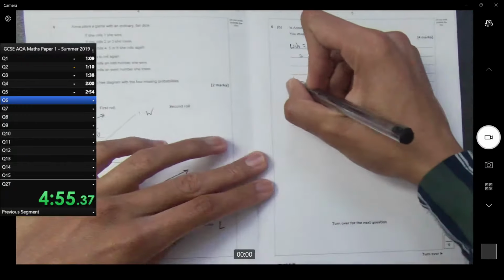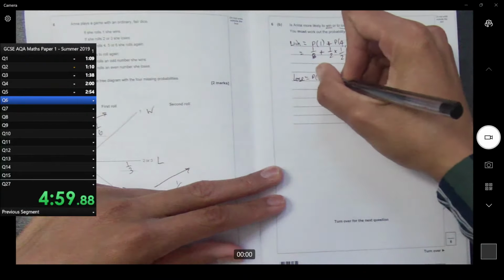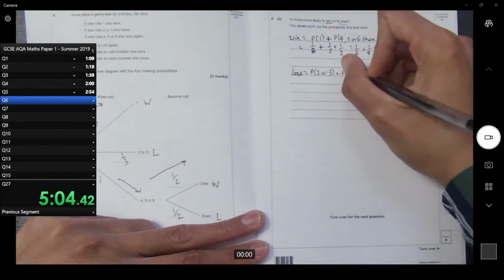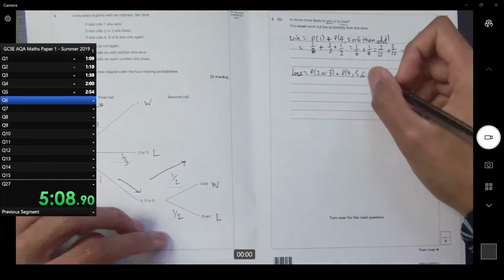And the probability of losing, you can just get a 2 or 3. Also the 4, 5, or 6, then the even.